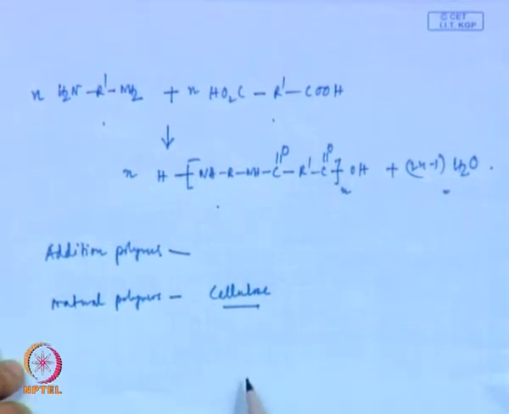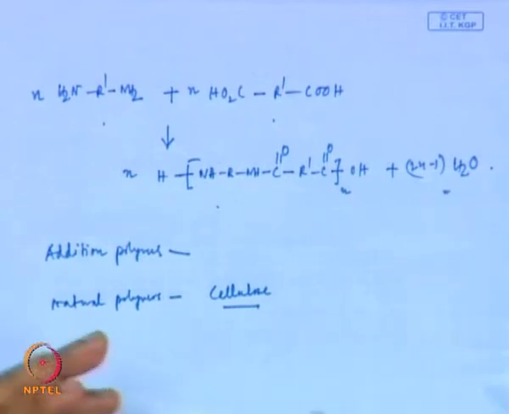But looking at the structure, we can hypothesize the monomers from which they have been synthesized. In other words, the polymers can be degraded to hypothetical monomeric molecules from which these can be synthesized.